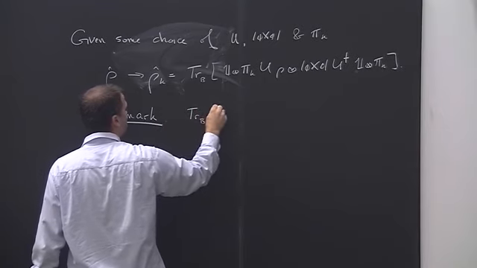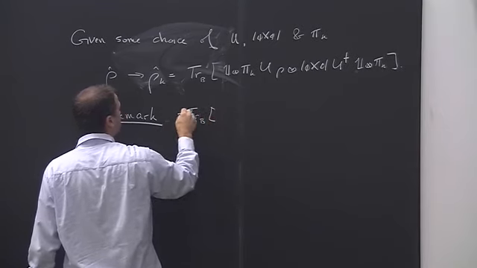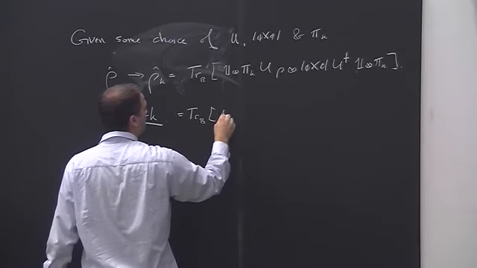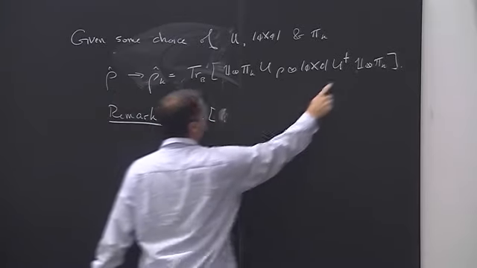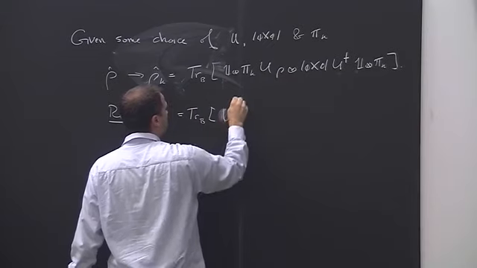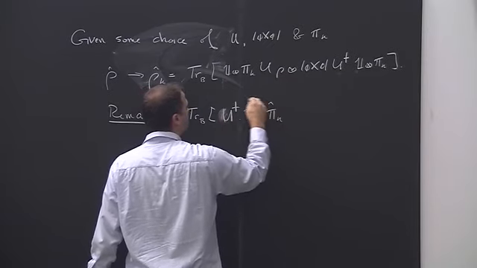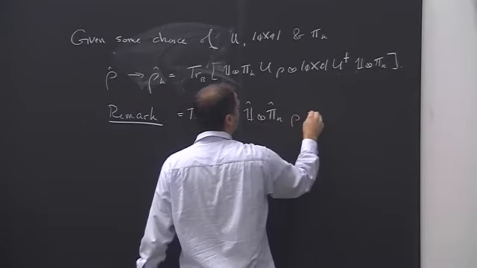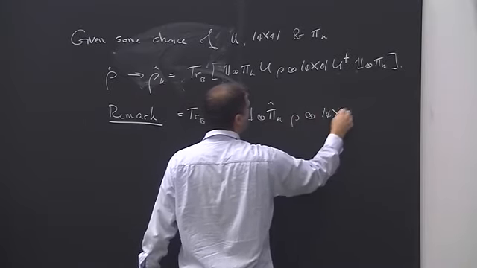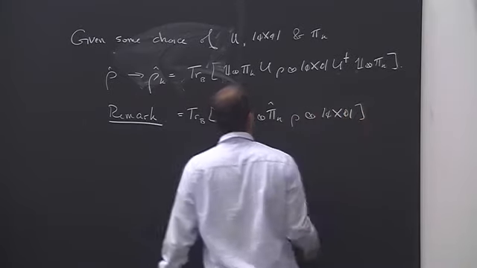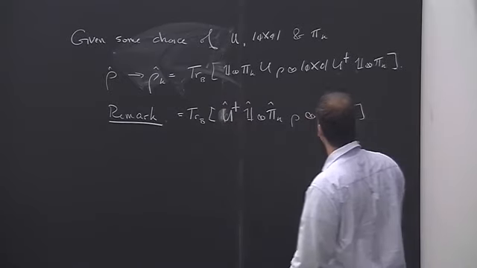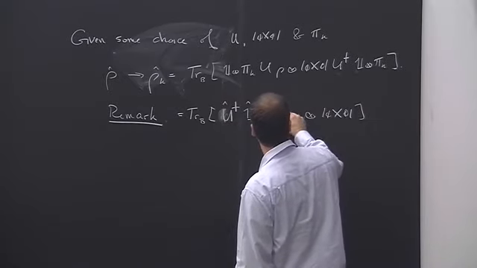So we have the trace over B. This is equal to the trace over B of identity, and then what we're going to do is bring this U over here. We have U dagger, identity cross pi k, rho cross phi. And I missed a U somewhere. There's a U here.